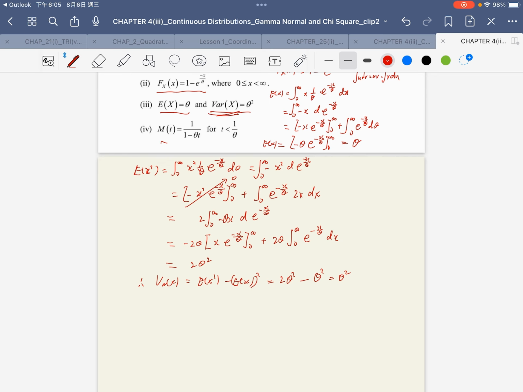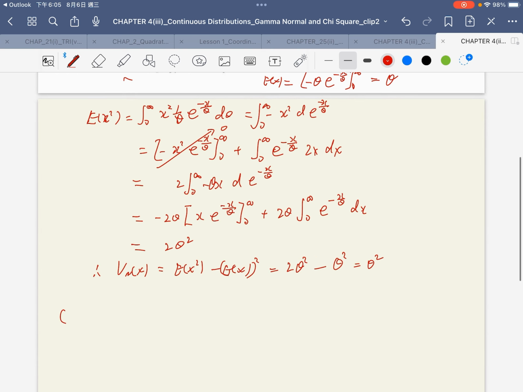Okay, for the moment generating function, by definition, it is the expected value of e to the power xt.